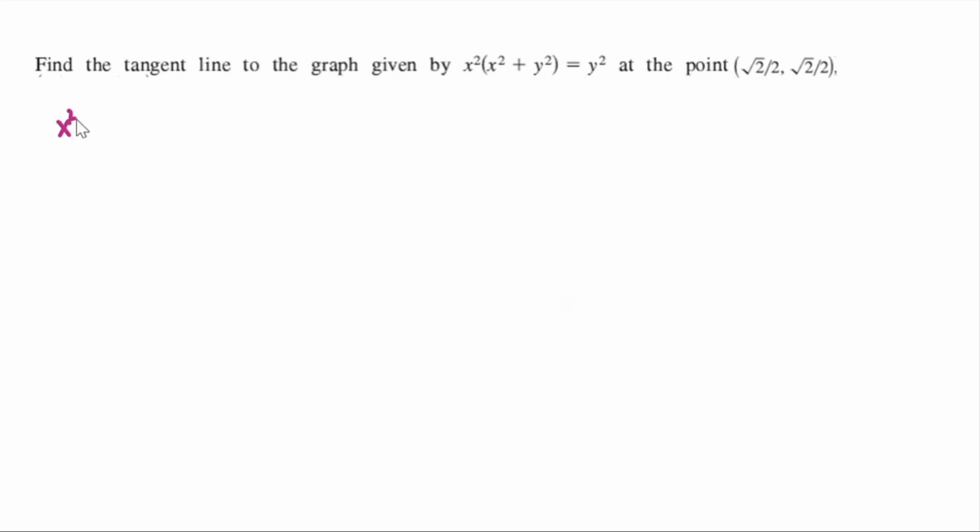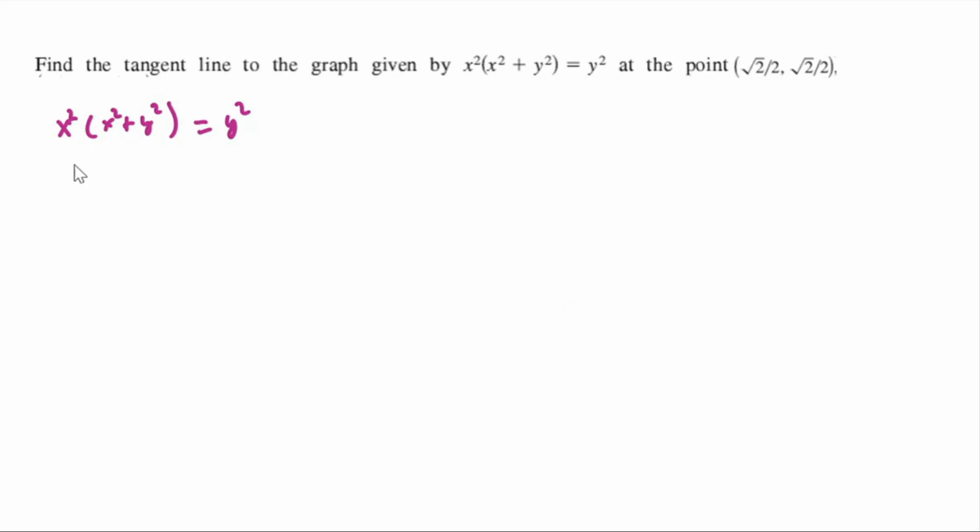So we have x squared times (x squared plus y squared) is equal to y squared. So if I'm going to use a product rule, or you can also use here a distributive property if we want. So I guess it would be easier if you're going to multiply it first. So let's multiply.